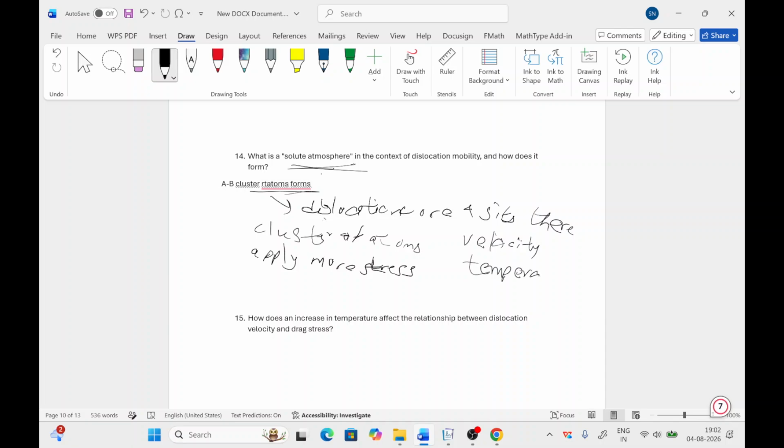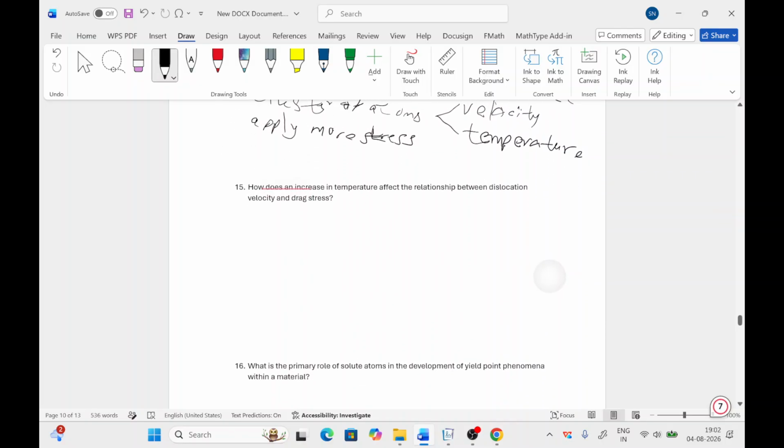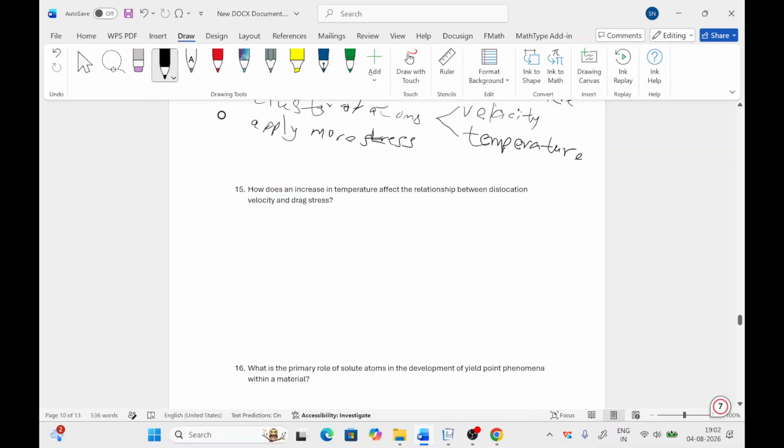Means the two variables define the dislocation motion in case of solute atmosphere formed around the dislocation core. So velocity and temperature are the two variables to change the behavior of the cluster of atoms at the dislocation core. That we'll address in the next question.